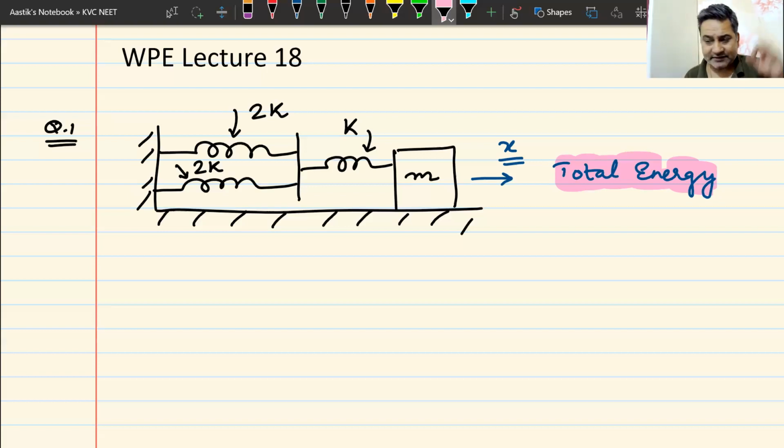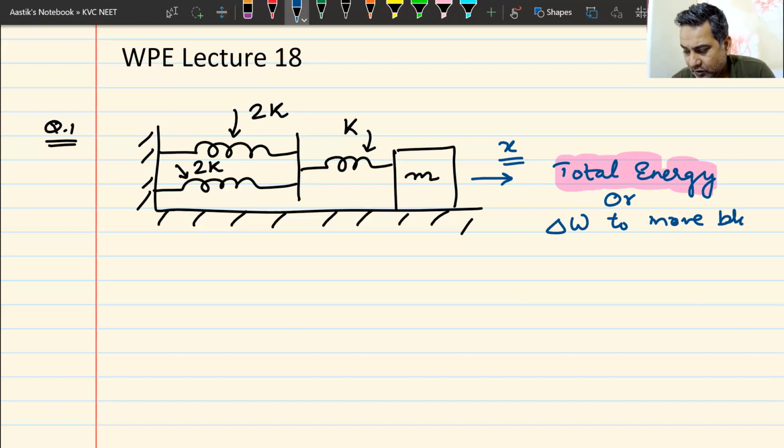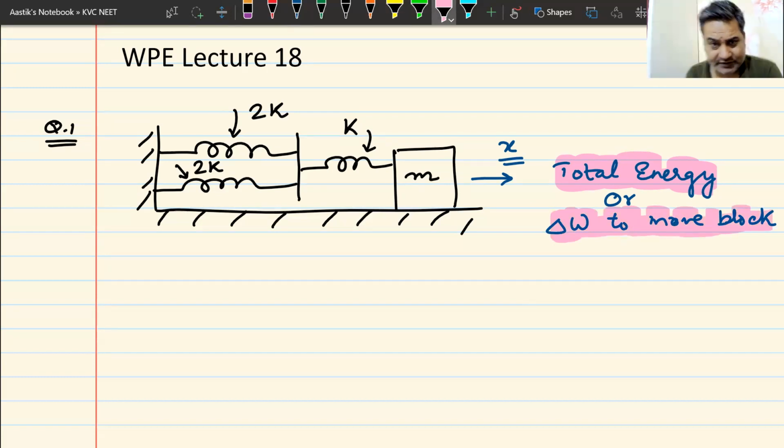In one case, I am asking you the total energy. In the second case, I am asking you, so I'm just writing it as, work done to move the block. How much work I need to do to move the block. So these two questions have the same answer. They have the same meaning, but they look different because one is in terms of energy and the other is in terms of work done.